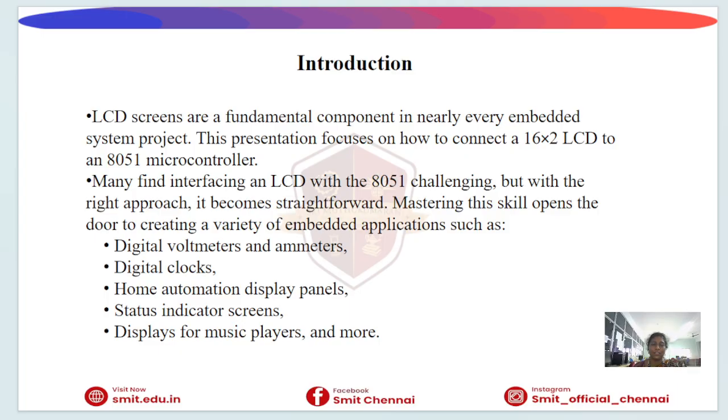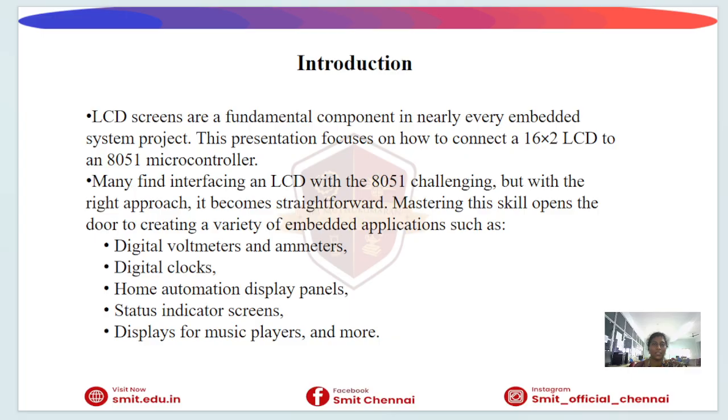First, we move on to the introduction. LCD screens are used in almost every embedded system project. The examples include digital voltmeters, digital clocks, home automation systems, status display panels, music players, and industrial control systems.